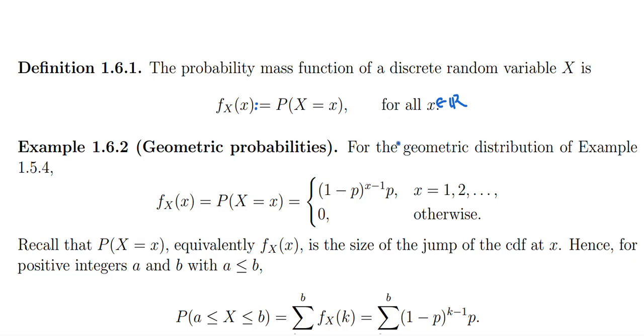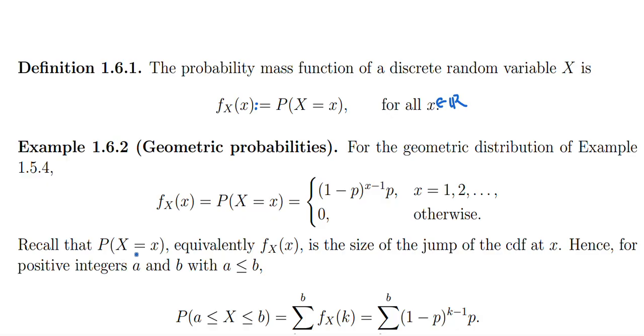Now let us do an example: the PMF for the geometric distribution from 1.5.4 that we did in the second last lecture. Then p_X of x equals (1 minus p) to the power x minus 1, times p, when x is equal to 1, 2, 3 and so on, and 0 otherwise.